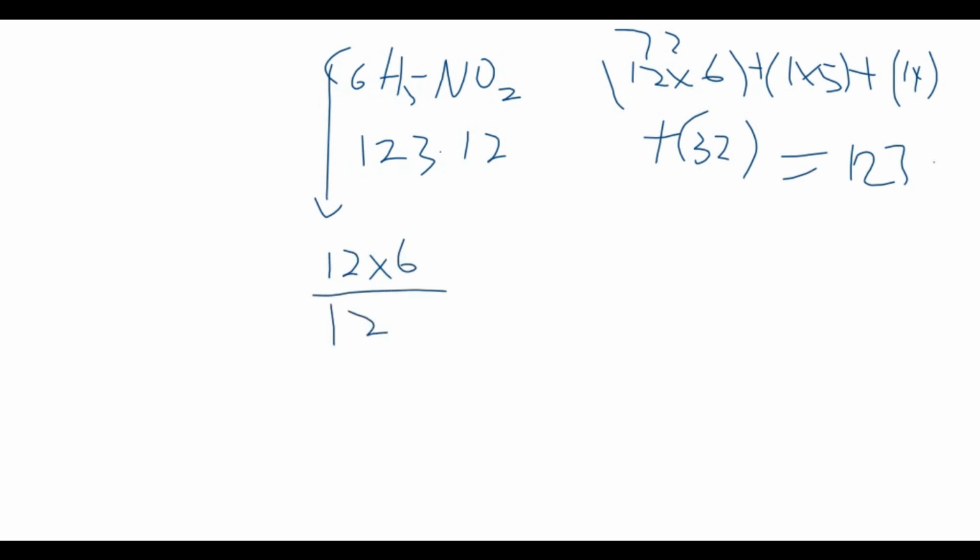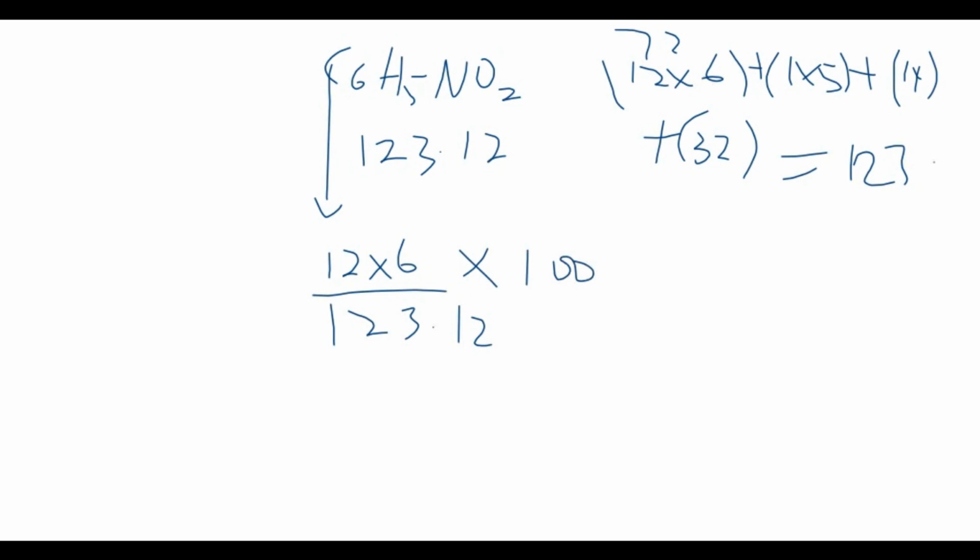That's the molecular mass or the molar mass of the compound. And then we multiply it by 100. Okay, so we are going to have 12 times 6, so we are going to have 72 divided by 123.